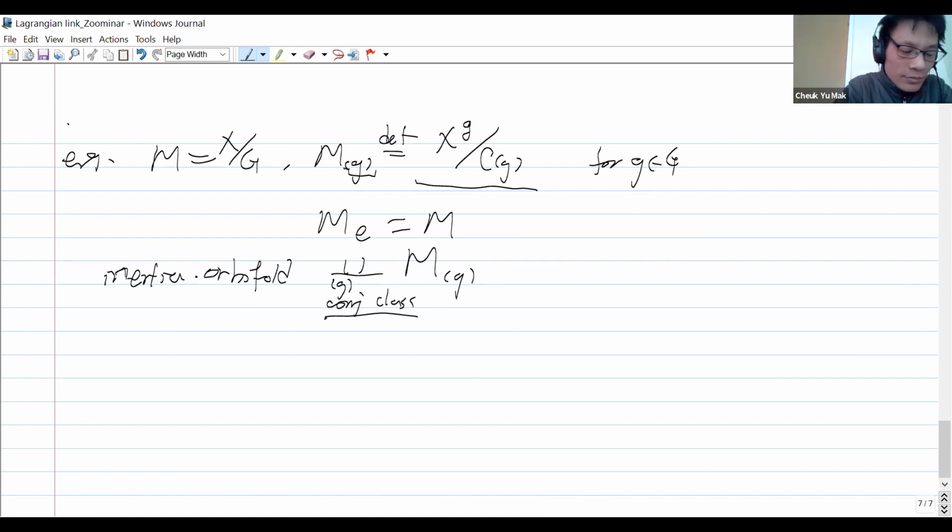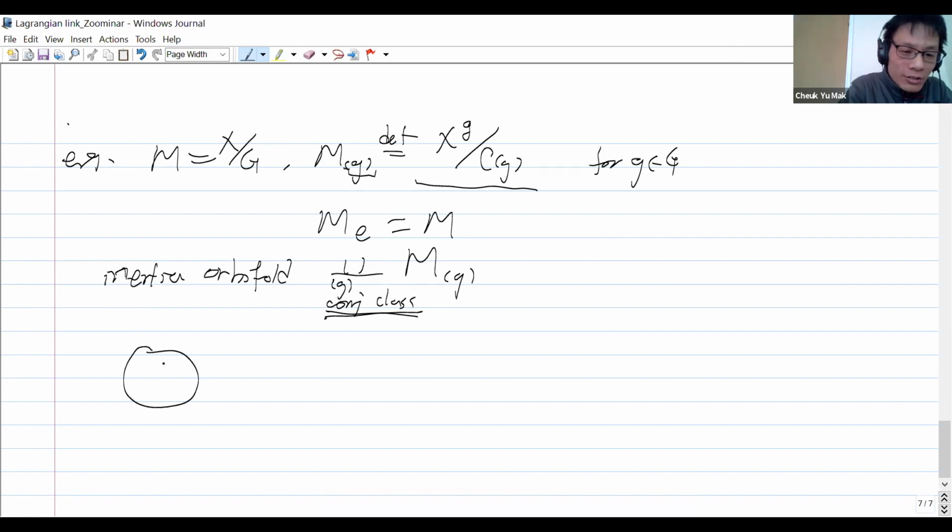And why am I talking about these twisted sectors? The reason is that we can do bulk deformation using bulk insertions from them. Why can we? The reason is that the codomain of the evaluation map is the inertia orbifold instead of just the orbifold itself.